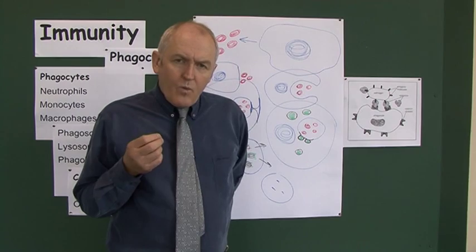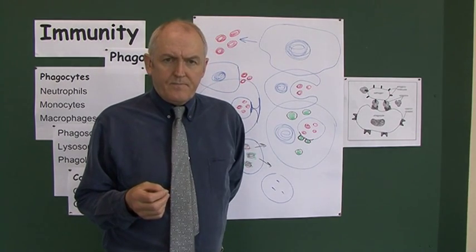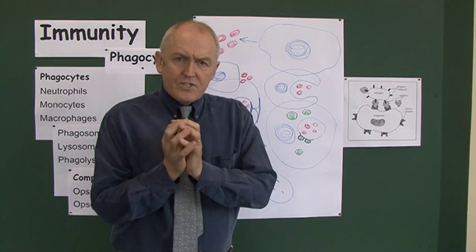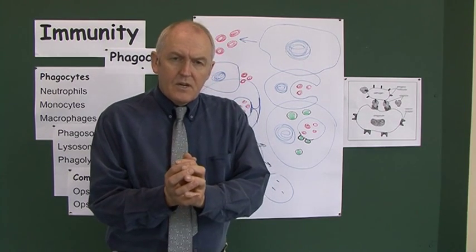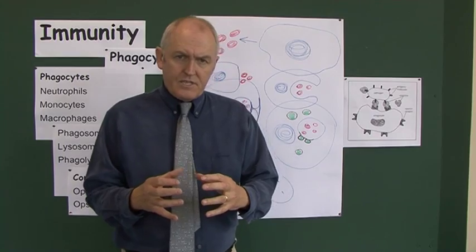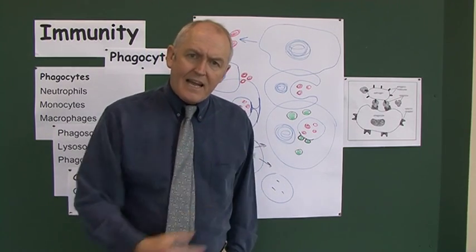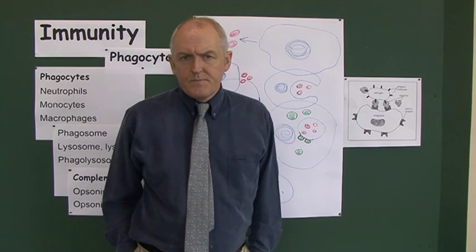Now, when there's infection in the blood, the presence of that infection will act on certain proteins in the blood called complement proteins. These complement proteins complement the activity of the immune system.